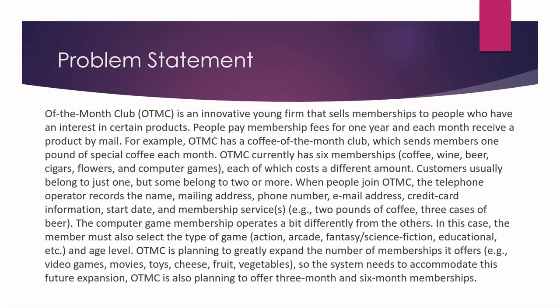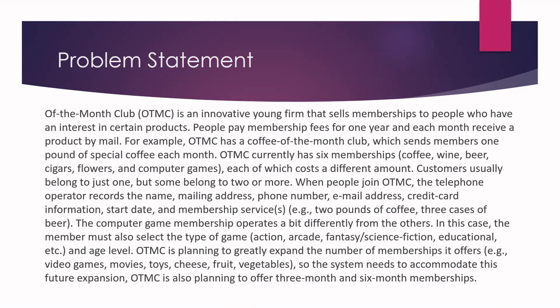Okay? Now, Of the Month Club, OTMC, is an innovative young firm that sells memberships to people who have an interest in certain products. People pay membership fees for 1 year and each month receive a product by mail. For example, OTMC has a Coffee of the Month club, which sends members 1 pound of special coffee each month.